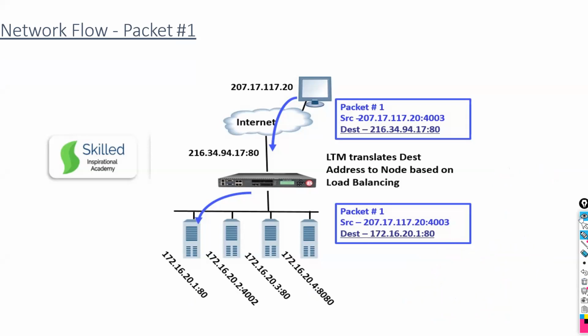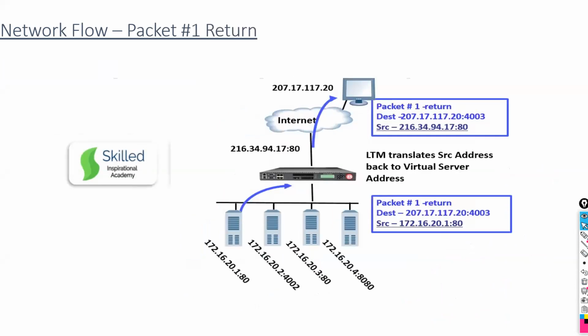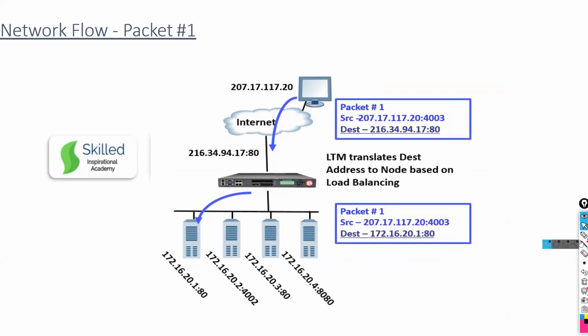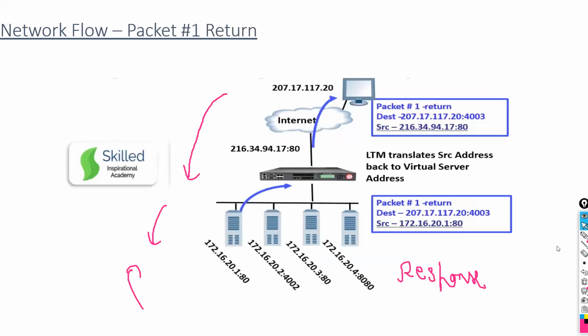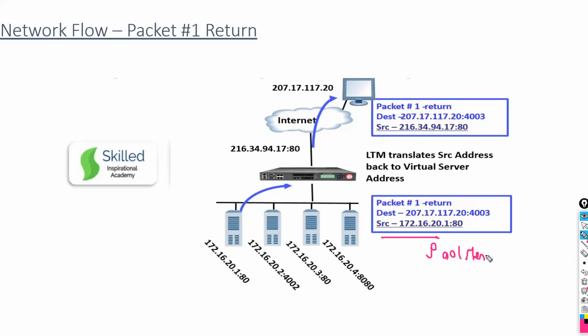Now this was the request traffic. Let's come to return traffic. So we have discussed in the picture that the client wants to send traffic to F5. Traffic will go this way and this way. Now let's talk about the response, when the server sends a response. What will be the source IP? Source IP will be my pool member IP address.